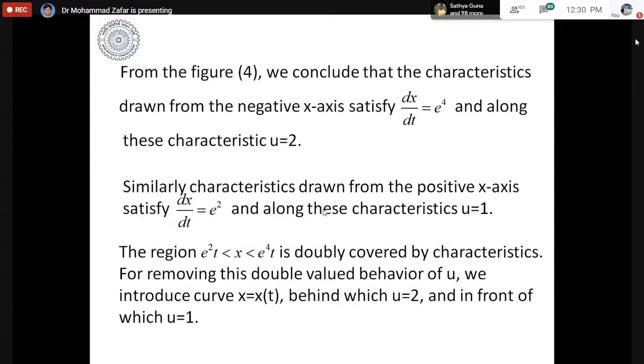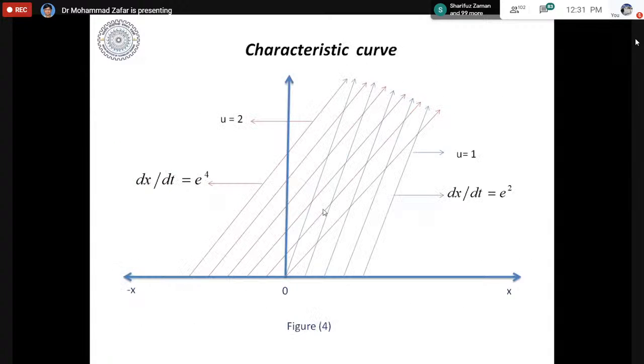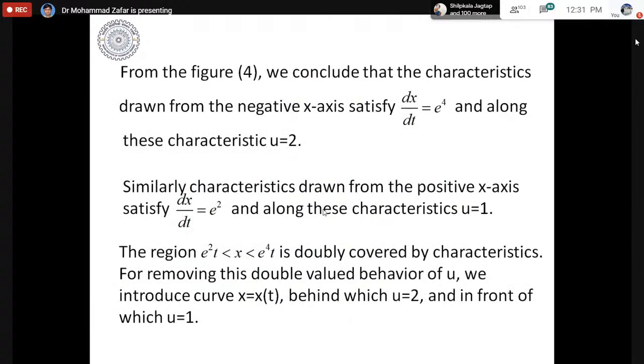The region between e^2 t and e^4 t is doubly covered by characteristics, so double valued behavior of u appears here.